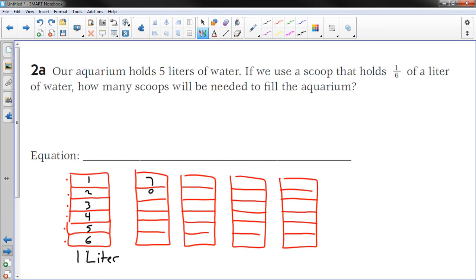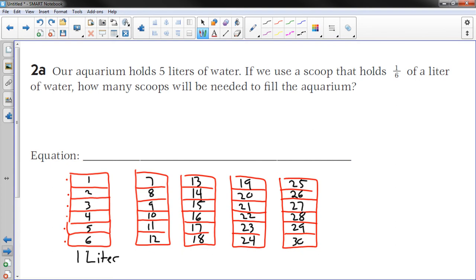So 7, 8, 9, 10, and so on, up to 26, 27, 28, 29, 30. 30.